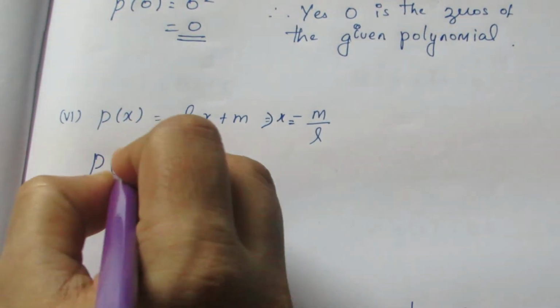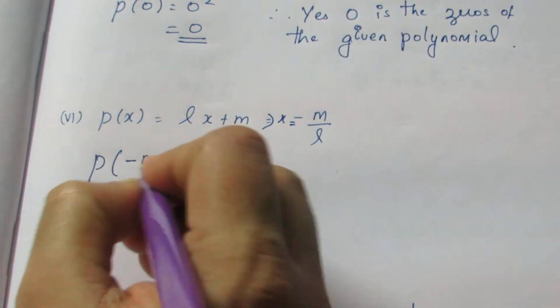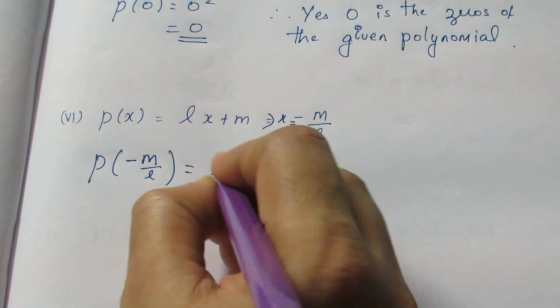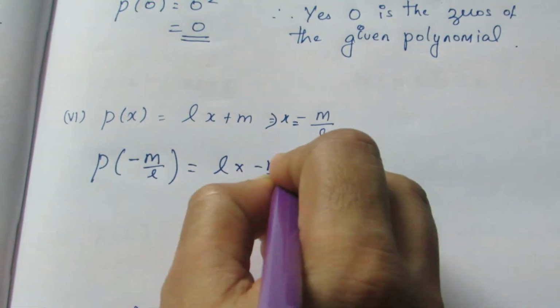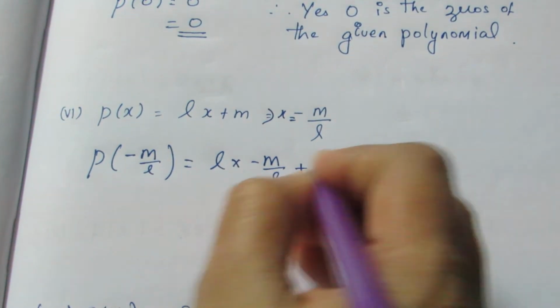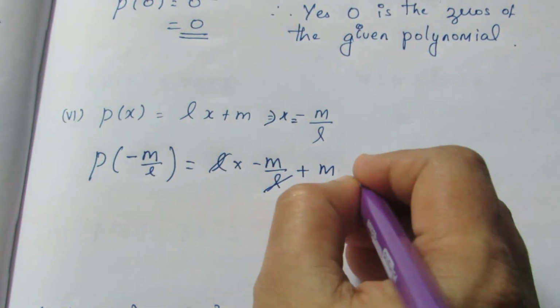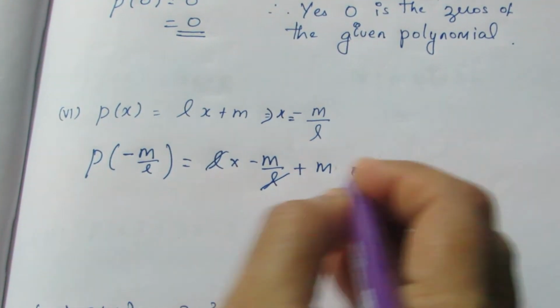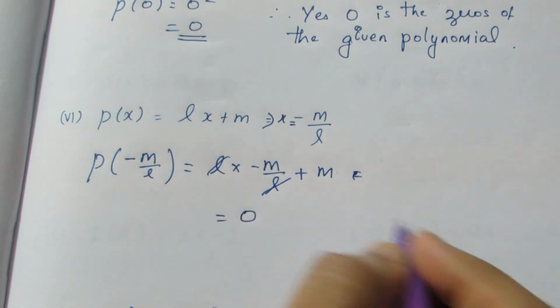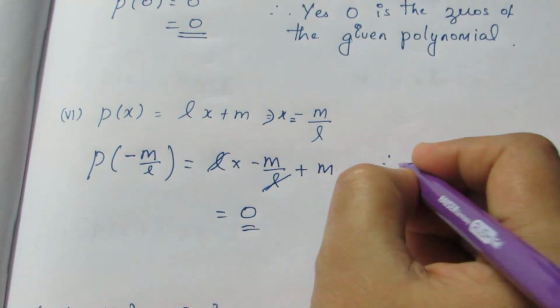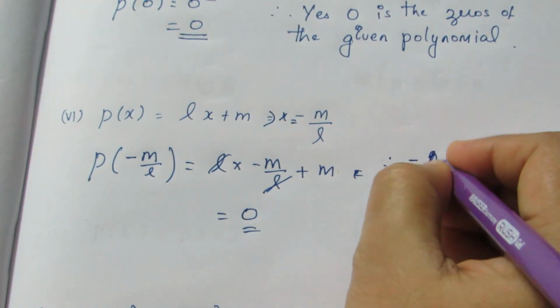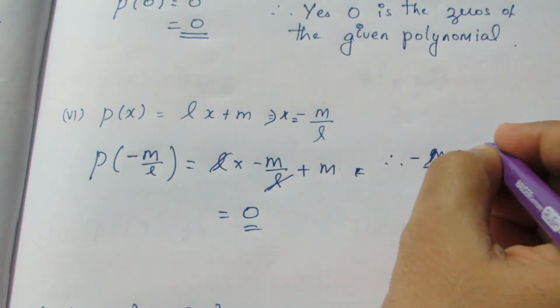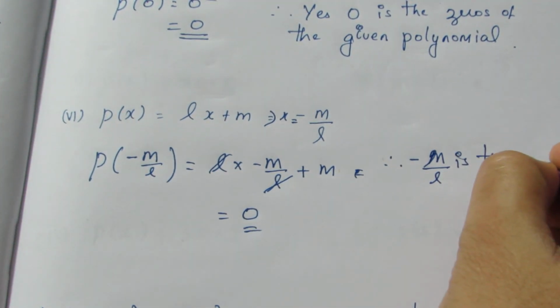So p of minus m by l will be equal to l into minus m by l plus m. Here l gets cancelled. Minus m plus m will become equal to 0. Therefore, minus m by l is the zero of the polynomial.